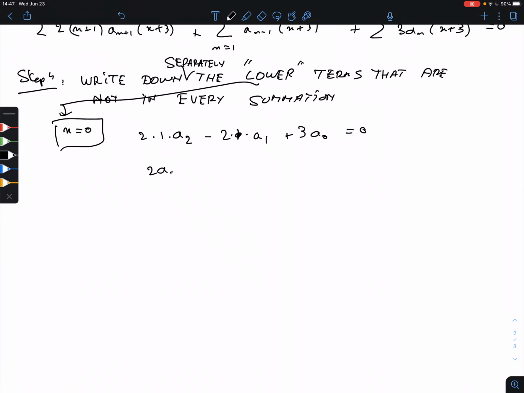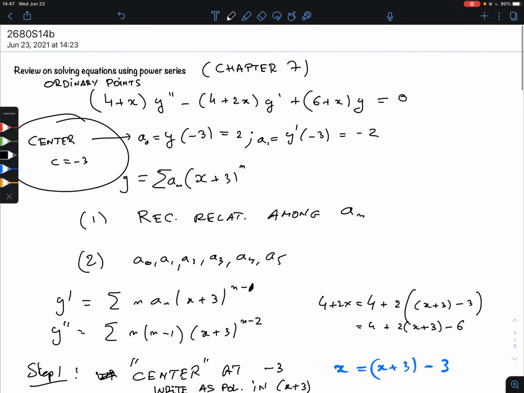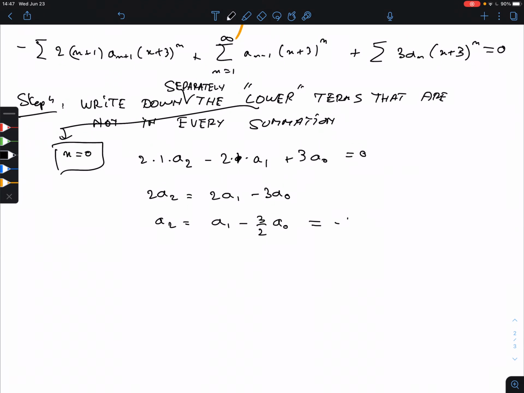So we have 2a_2 equals 2a_1 minus 3a_0, so we see that a_2 equals a_1 minus 3/2 a_0. And now we have the values. The values are 2 and -2. So a_2 is -2 minus 3/2 times 2, so that is -5. So this one we have to calculate separately always.